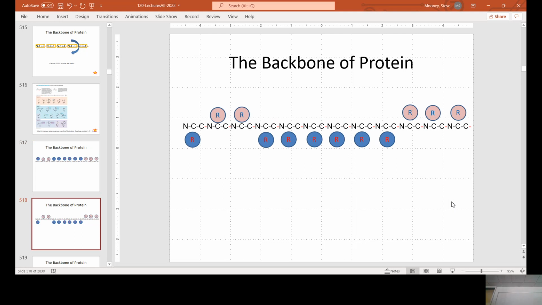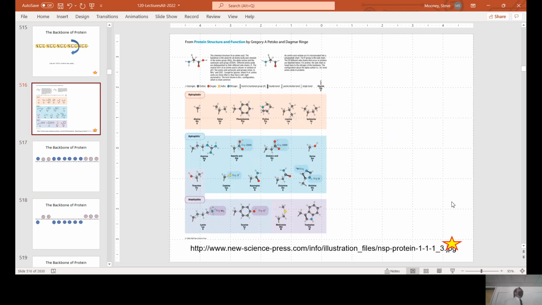Yes, sir. Does the R stand for ribosome? R stands for generic, those 20 different ones we talked about. The R groups are here. You can have an R group that's as simple as one little hydrogen, or any of these other options. Is there any specific name for them, or just the R group? When we talk about them collectively, they're called the R group.